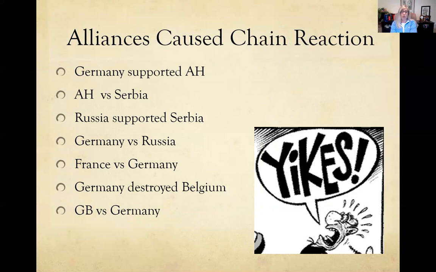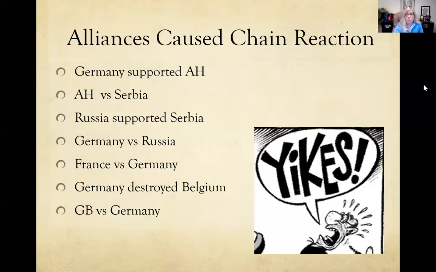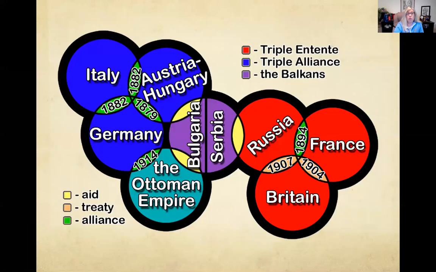So the Serbians refuse to turn over or to help in the investigation, and that is going to anger all of these groups. And Germany, if we go back, Germany is in an alliance with Austria-Hungary.